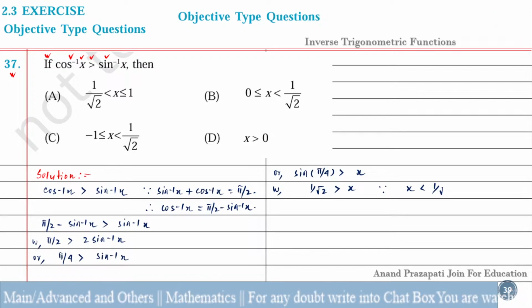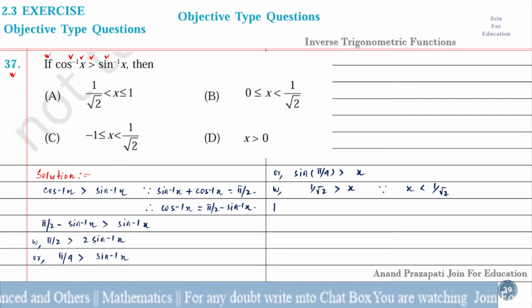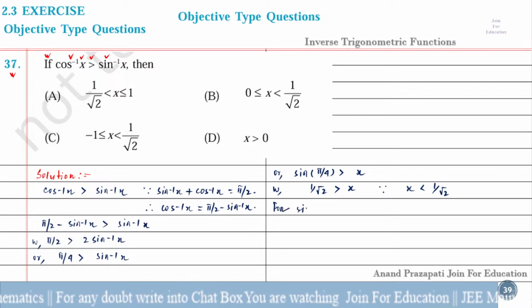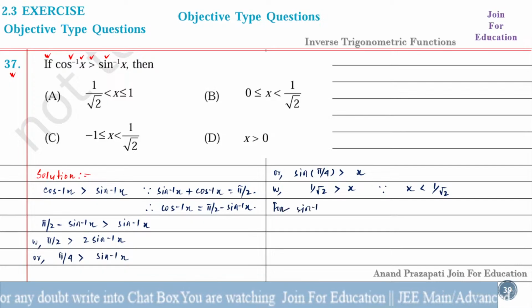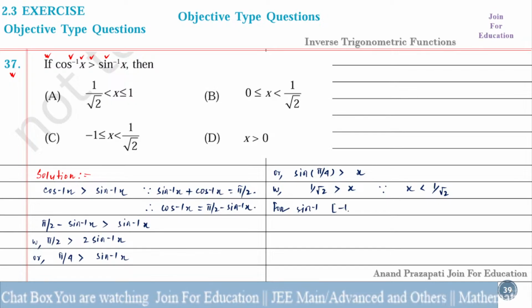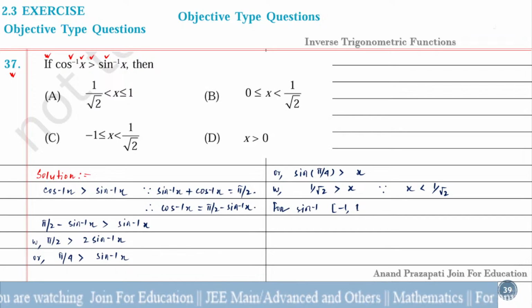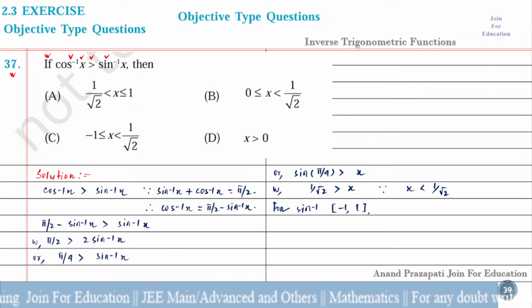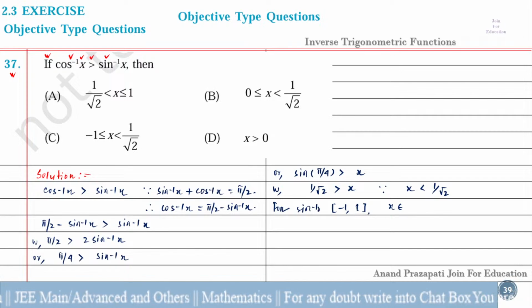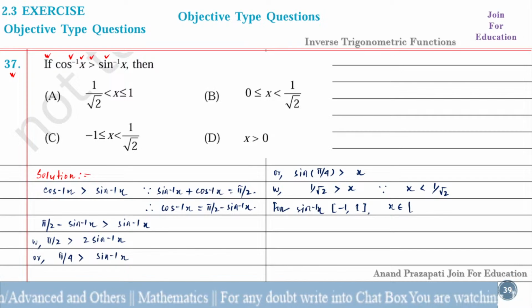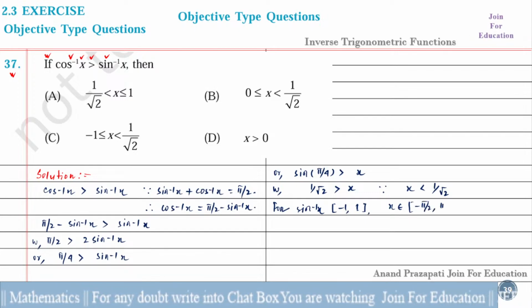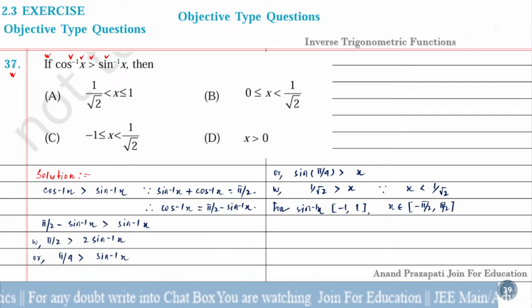For sin inverse we know that the domain is -1 to 1, and the range is minus pi by 2 to pi by 2.